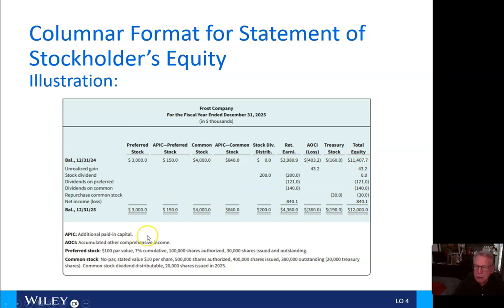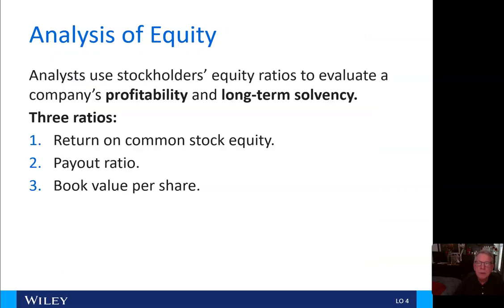So here's some key terminology: additional paid-in capital, accumulated other comprehensive income, preferred stock, common stock. Okay, and we went through that in the prior slides, how we got those numbers.